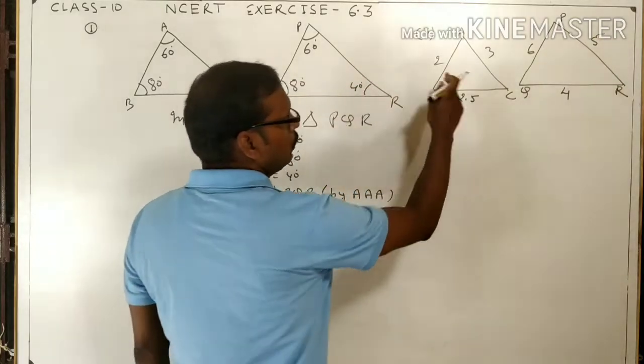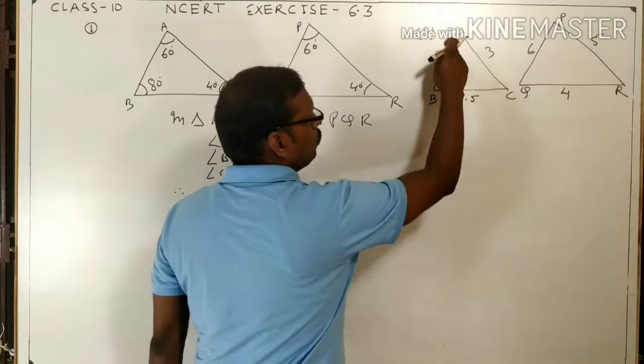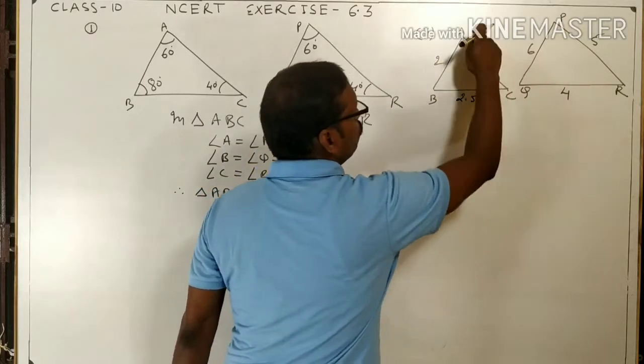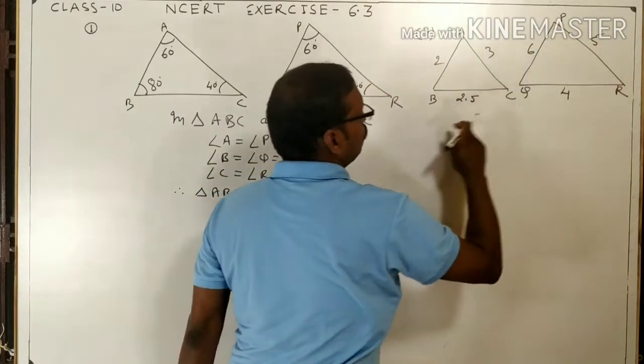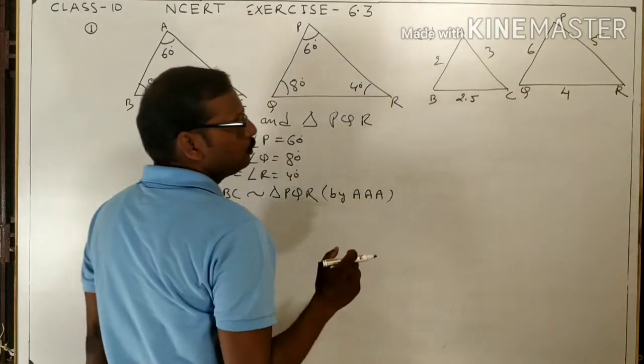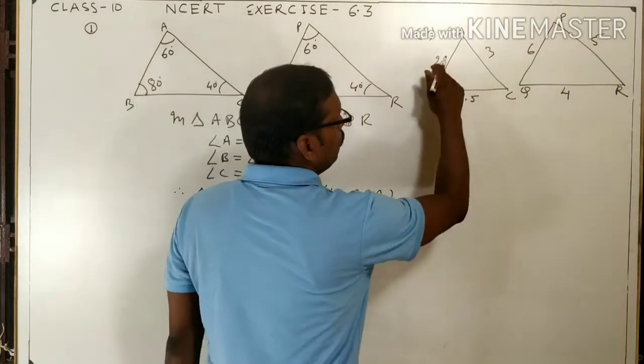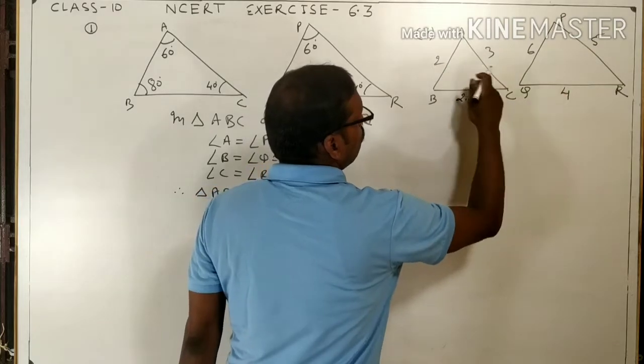So we see that QR is twice of AB, PQ is twice of AC, and PR is twice of BC. So clearly these sides are proportional.